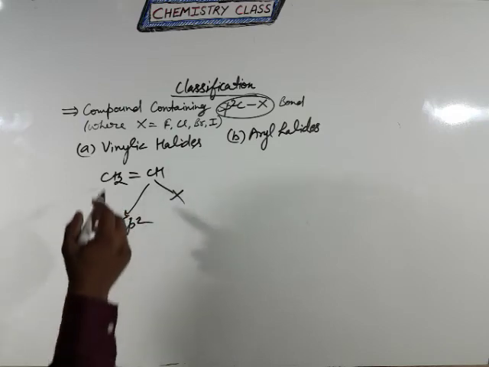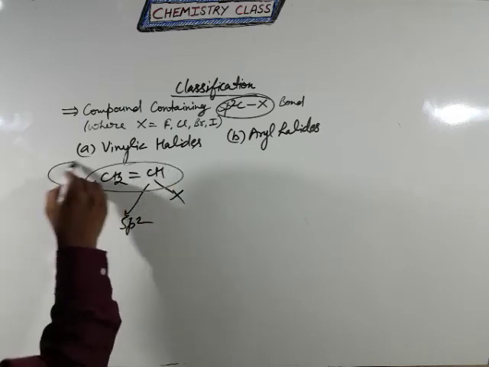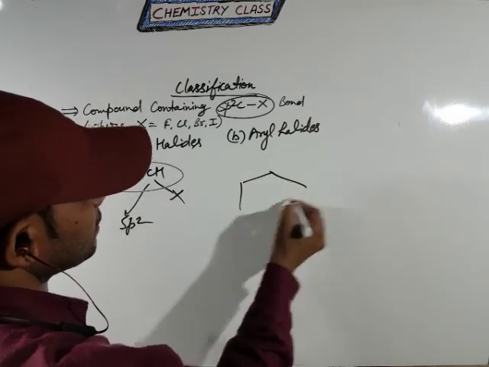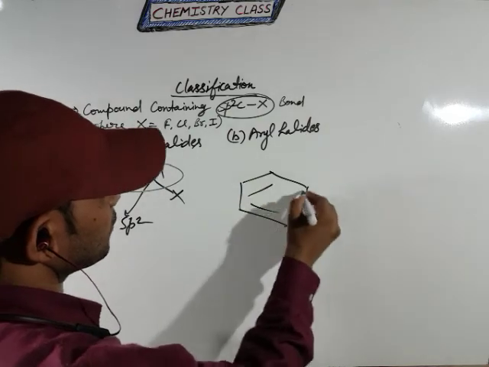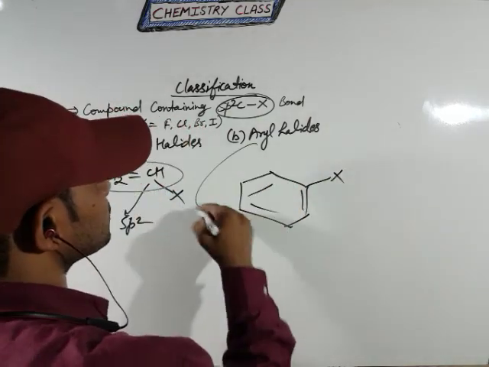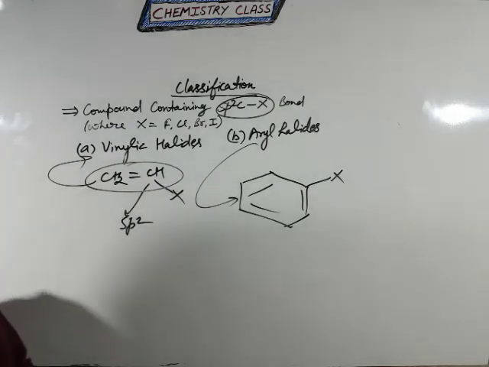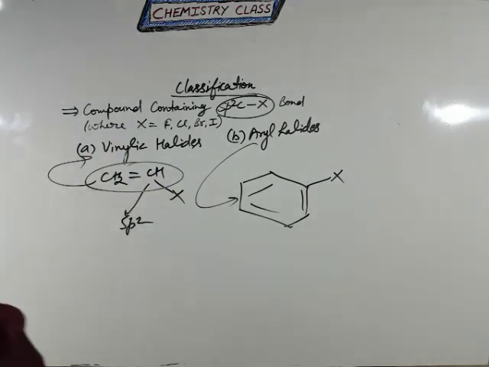Clear? So this system is known as vinylic halides, and if the benzene ring has the direct attachment of the halogen, it is known as aryl halides. So that is the major difference between vinylic halides and aryl halides.